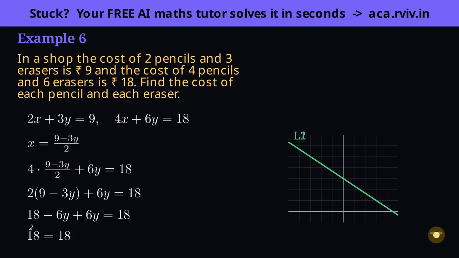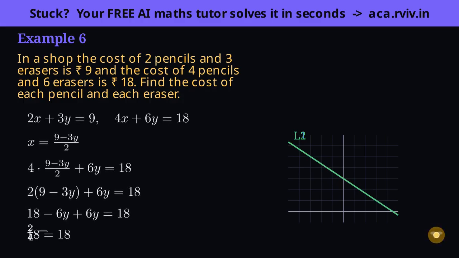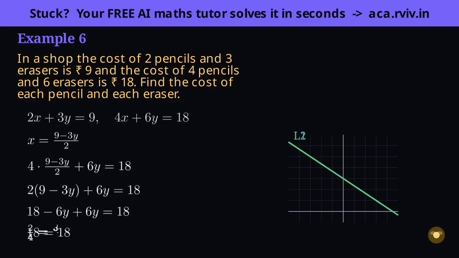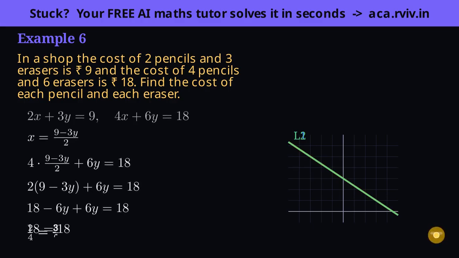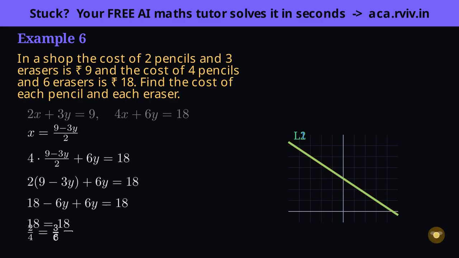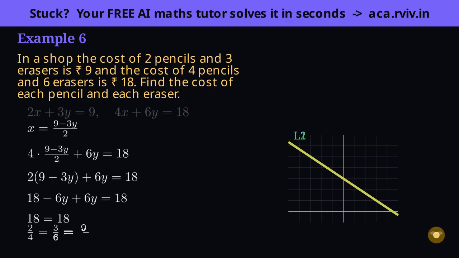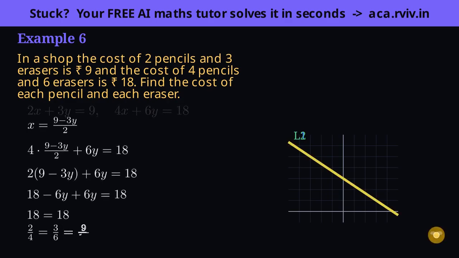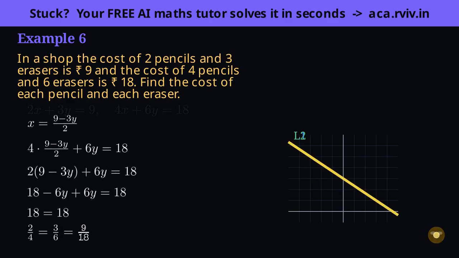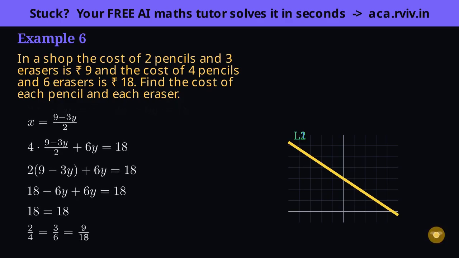Why did that happen? Because the second equation is exactly twice the first, same line in disguise, and the ratios confirm it: 2 over 4, 3 over 6, and 9 over 18 all equal 1/2. All three ratios match, so it's the coincident case: one line, infinitely many solutions.